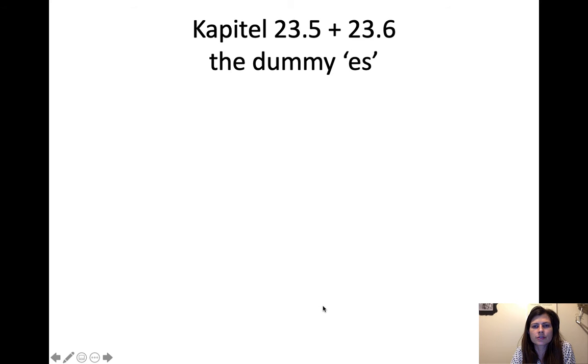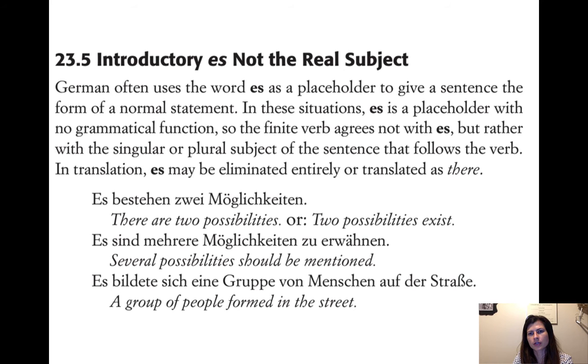Okay, so now let's look at some ways we can use S. Of course, it's just it, right? And it's called the dummy S because it is the ways to use S that don't really refer to anything. It's just there as a placeholder. So German often uses the word S, which is it, as a placeholder to give a sentence the form of a normal statement.